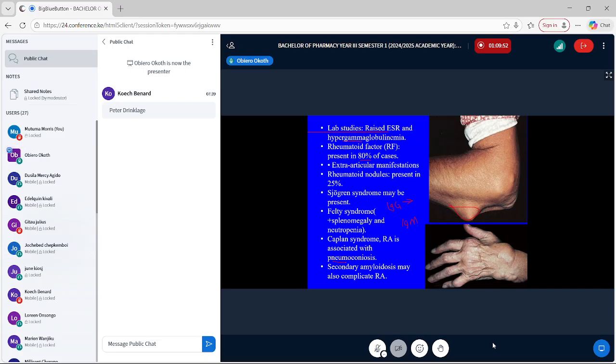Pneumoconiosis is when you have silica in the lungs. With the carbon inflammatory process, you might get amyloidosis. You can see the joint disorders like this one, mainly around the wrist joint, and also a rheumatoid nodule.